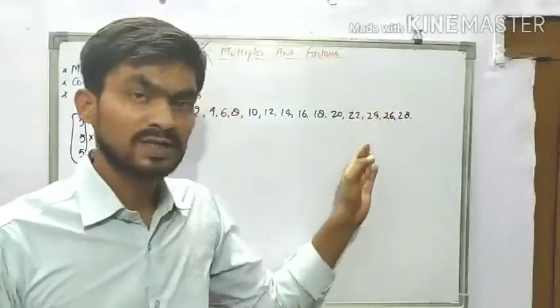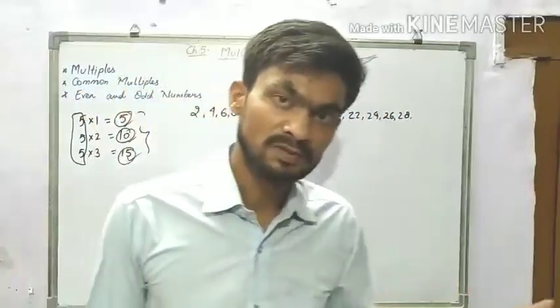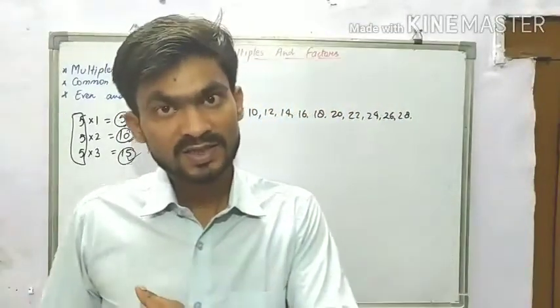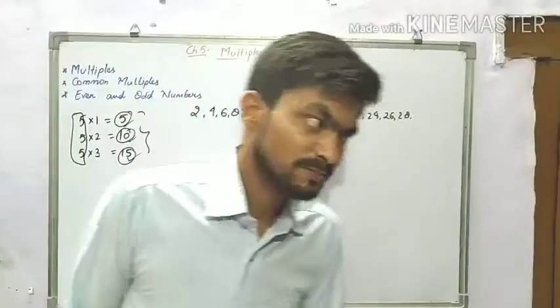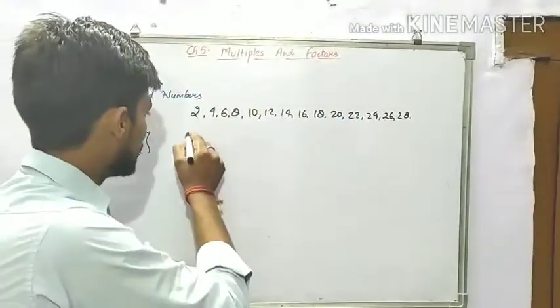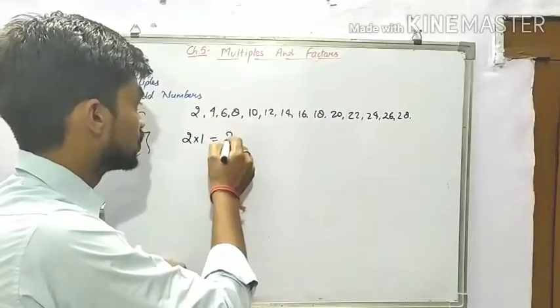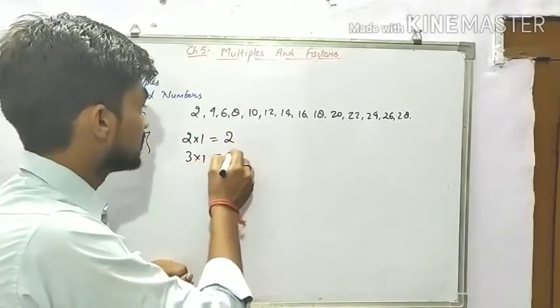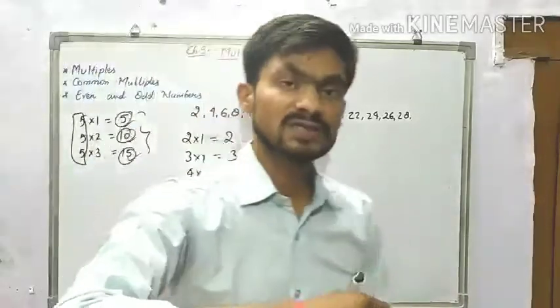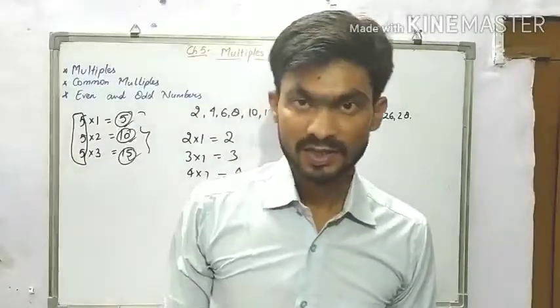Correct? Like 3 table, 3 1 ja 3, a multiple of 3. 3 2 ja 6, a multiple of 3. 3 9 ja 27, a multiple of 3. Correct? And one more important thing. 2 1 ja 2, 3 1 ja 3, 4 1 ja 4. Means 1 is the multiple of every number. Correct?